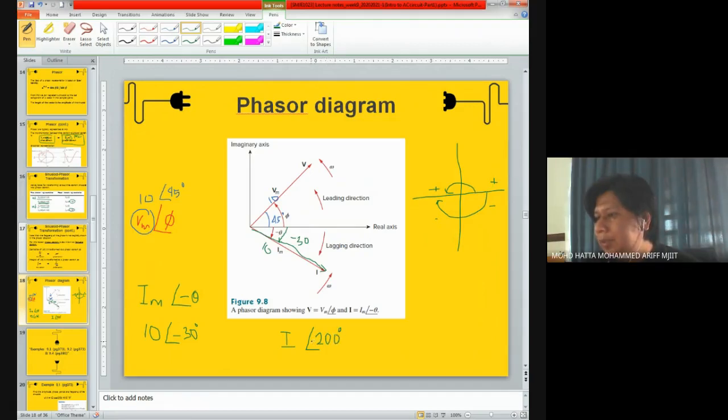Here we have a positive value of our angle. So the way we draw it is like this.